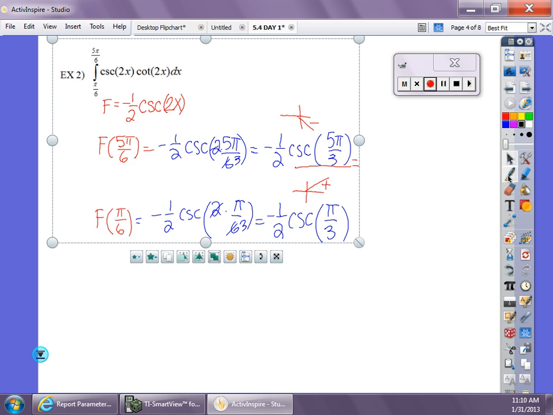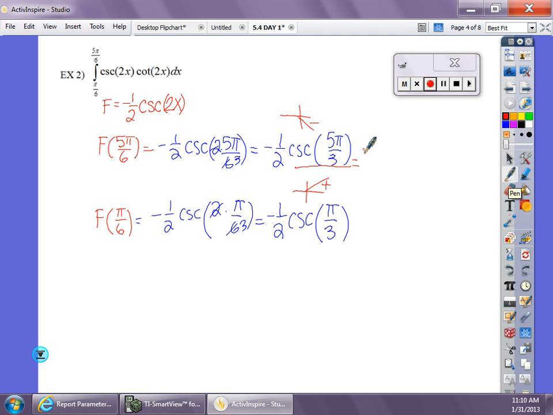There we go. Alright, so we get negative 1/2 multiplied by the cosecant of 5 pi over 3. So what is the sine of 5 pi over 3? Negative is correct. Negative square root of 3 over 2. Let me double check that. Okay. So it would be negative 2 over square root of 3.